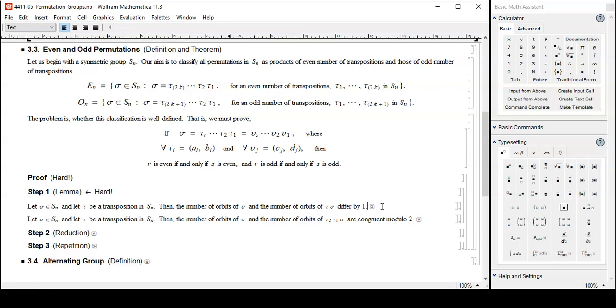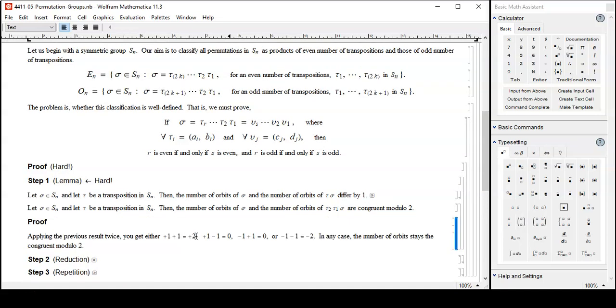Now, if you apply that twice, you're going to get congruence modulo 2, you see. The number of orbits for sigma and the number of orbits for tau 2 tau 1 sigma, that means sigma first and then tau 1 and then tau 2, differ by either +1 and +1, or +1 and -1, or -1 and +1, or finally -1 and -1.